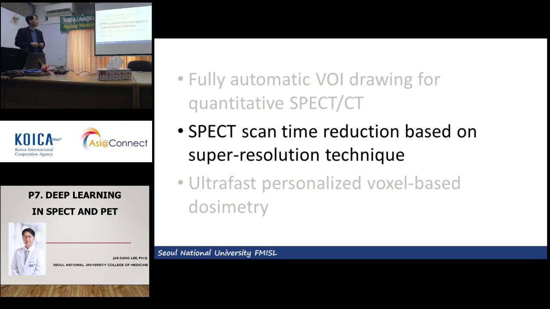The second one that I'd like to introduce is SPECT scan time reduction by reducing the angular samples in SPECT, based on the single image super resolution technique in deep learning.